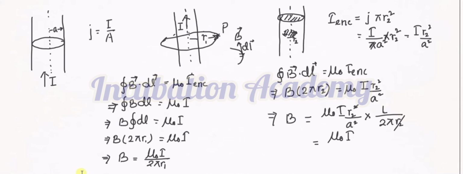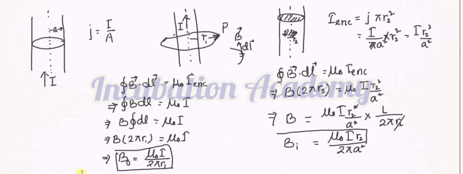So we get mu naught I r2 divided by 2 pi A square. So the magnetic field at any point outside the wire is mu naught I divided by 2 pi r1, and the magnetic field at any point inside the wire is mu naught into I r2 divided by 2 pi into A square.